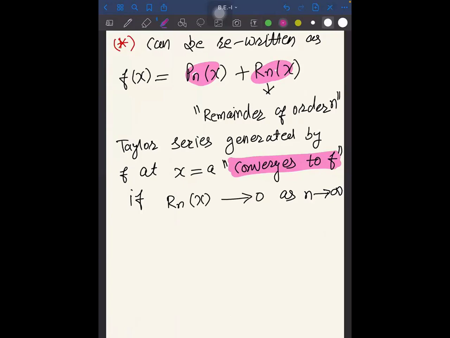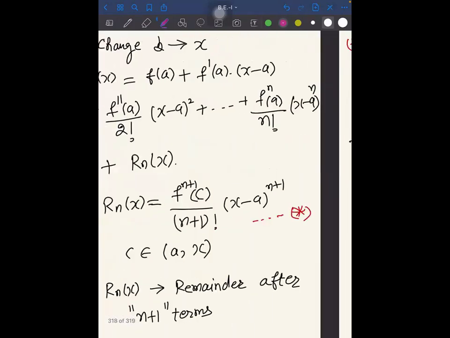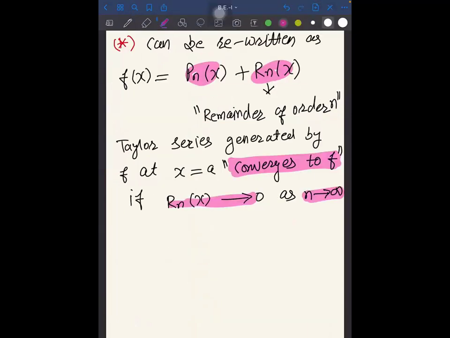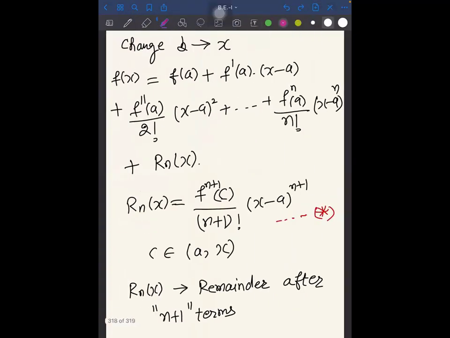So what I do say, so I'll pick n tends to infinity. So if n will tend to infinity, the terms in this polynomial, that means Taylor's polynomial, will keep on increasing, right? So eventually it will become what? A Taylor series, right? But in that case, your Rnx must go to what? 0. तभी बनेगा ना ये. बात समझ में आ रही है? बोलो, ये चीज समझ में आ रही है?